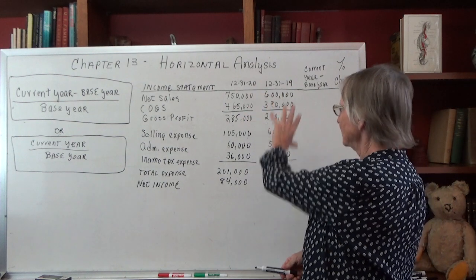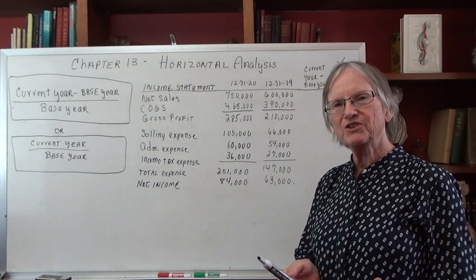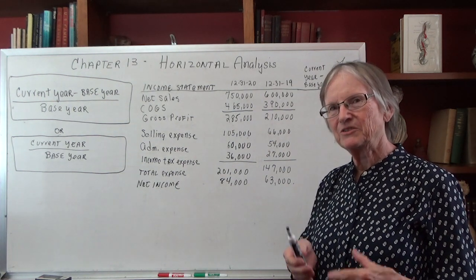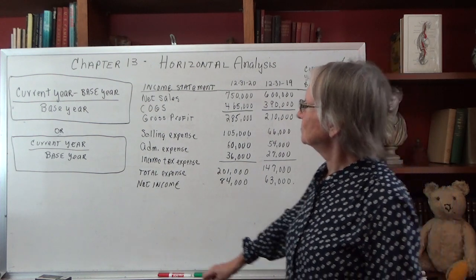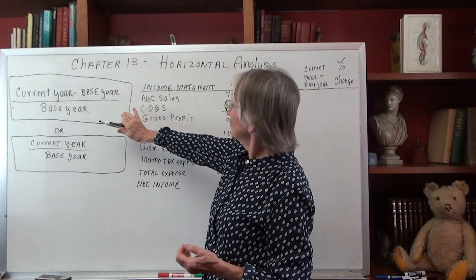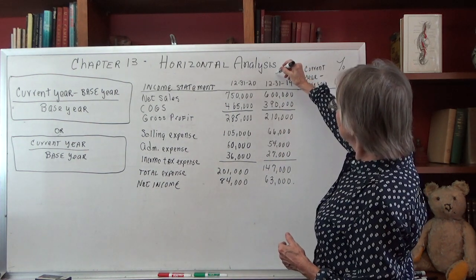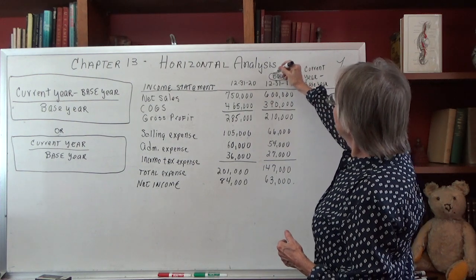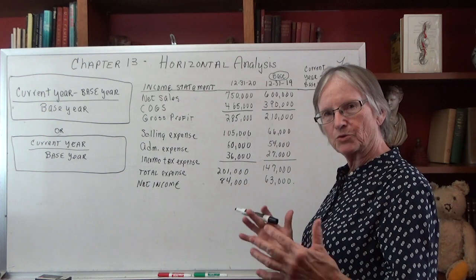But when you convert these numbers, the raw numbers, to percentages, the information can all of a sudden become a lot more easy to analyze, and it gets a lot more useful. So there's a couple of ways to compute when you're doing horizontal analysis. The base year is always the earliest year. So in this case, this would be the base year. A lot of times you'll have financial statements with 5 years or 3 years.